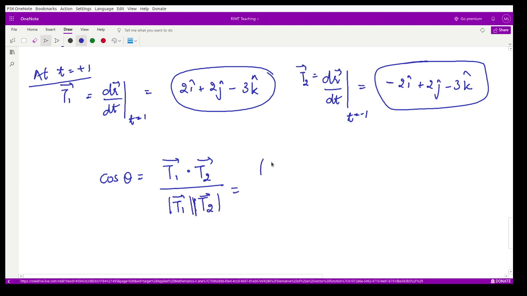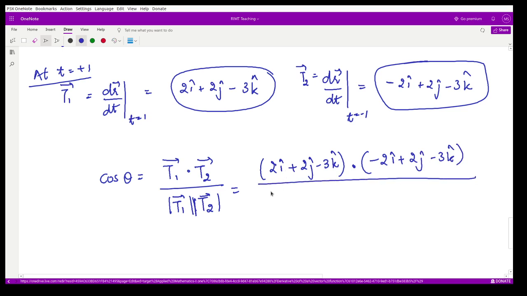So that means 2i cap plus 2j cap minus 3k cap, this is the first vector, dot product with the second vector minus 2i cap plus 2j cap minus 3k cap, divided by the magnitude of the first, that means square root of 2 square, that is 4, plus 2 square, that is 4, plus minus 3 whole square, that is 9. And the magnitude of the second would again be minus 2 whole square, that is 4, 2 square, that is 4, minus 3 whole square, that is 9.